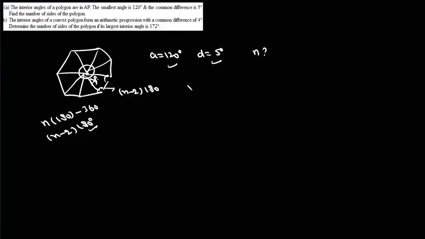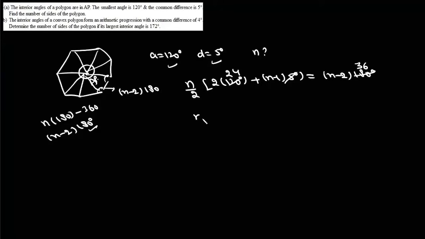So sum of all the angles will be n by 2 (2a plus (n minus 1) d), and that will be equal to (n minus 2) into 180 degrees. Now we can cancel 5 here. So this is 5, 24, and this is 36.